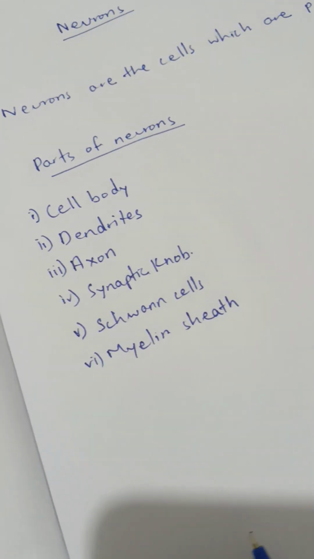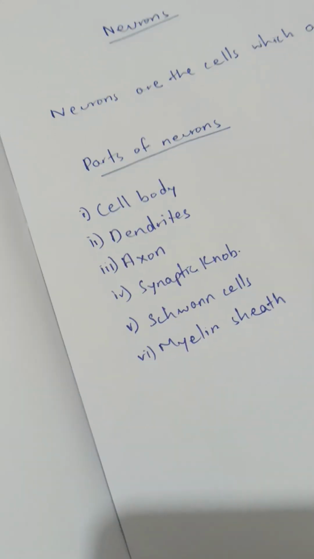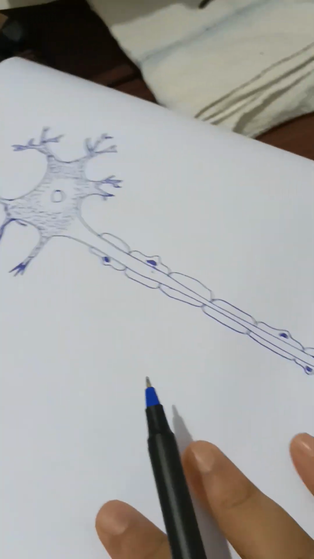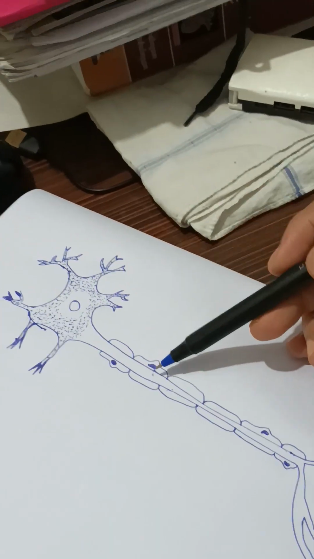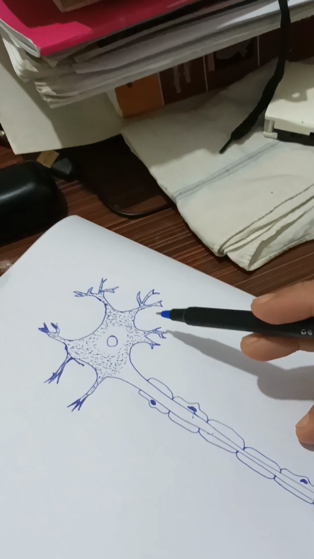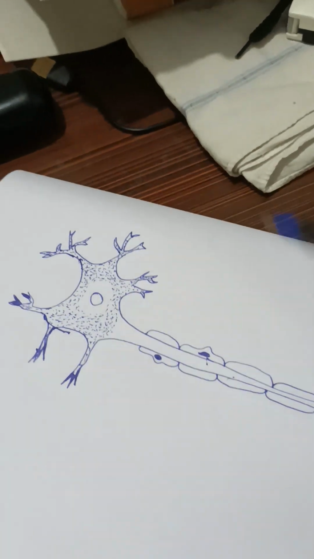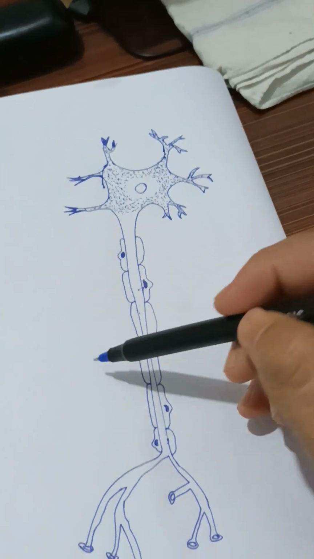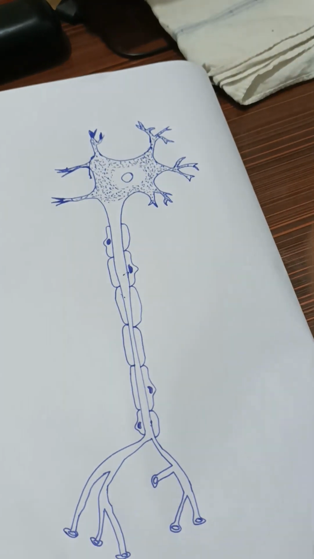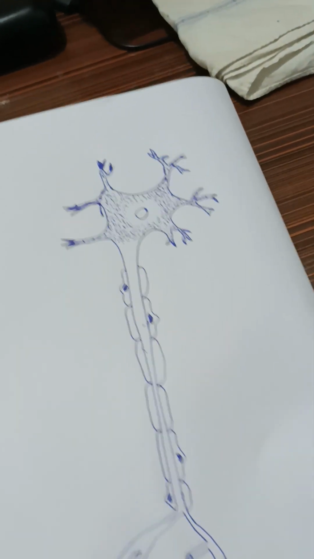Before discussing about these parts, let us see how a nerve impulse occurs and how the impulses are transmitted. You can see in this picture, this is a neuron.